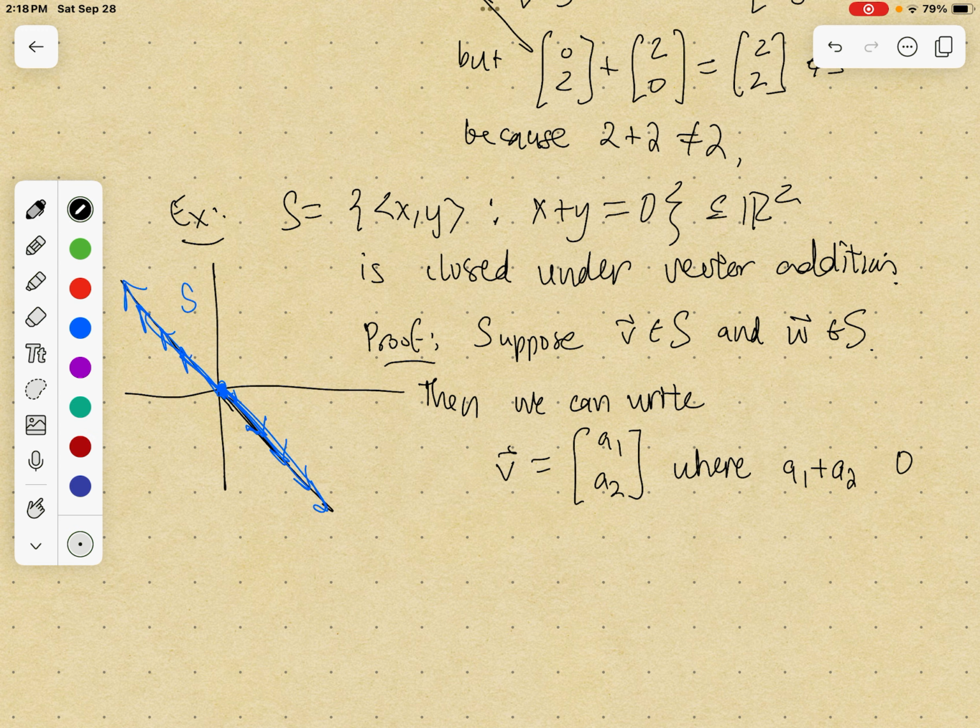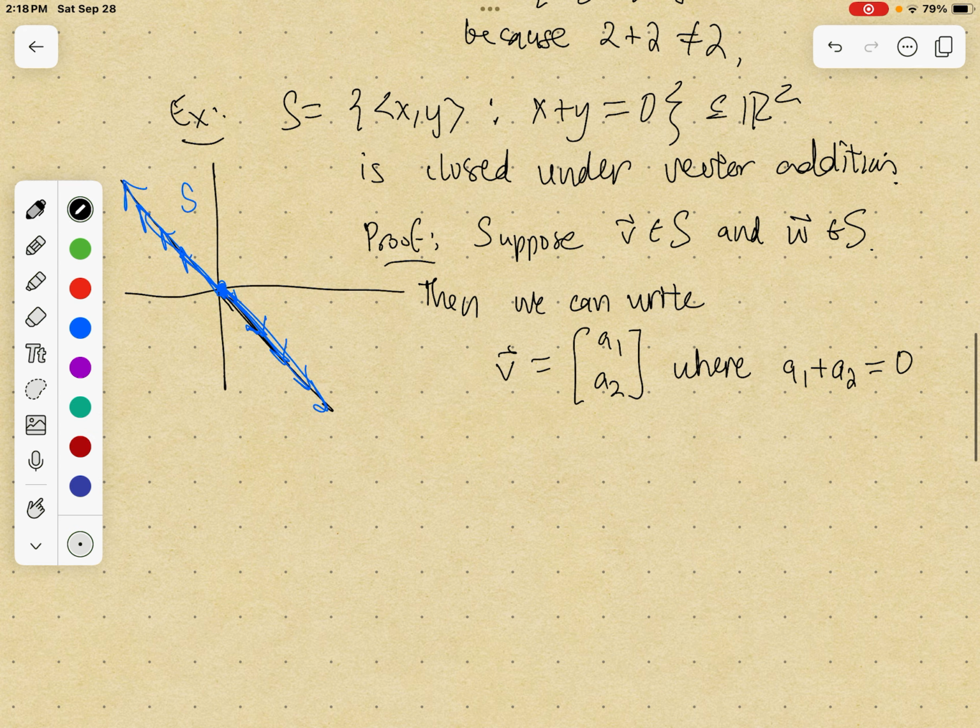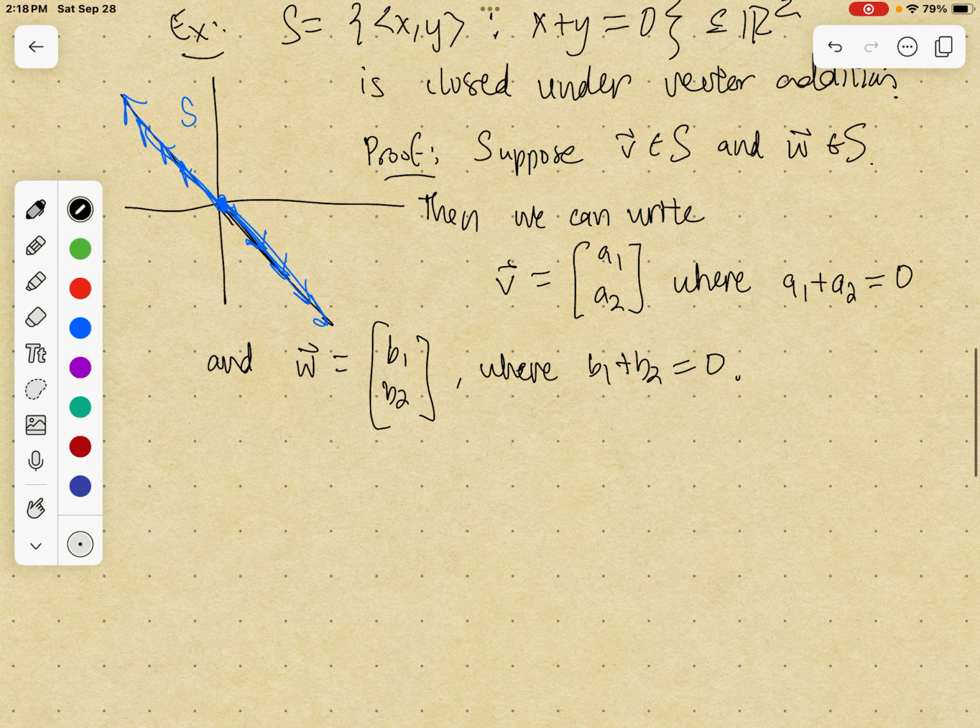And W, the components of W, let's call them B1 and B2, and B1 plus B2 equals 0. So therefore the sum is (A1 plus B1, A2 plus B2).